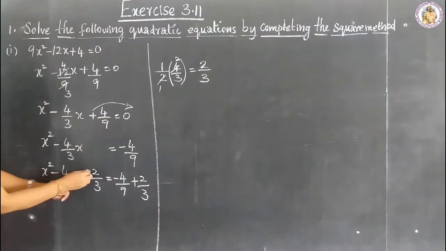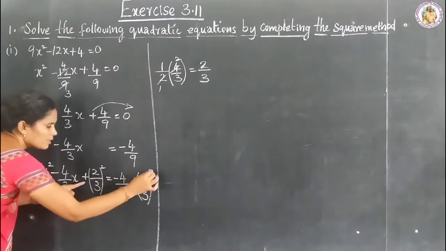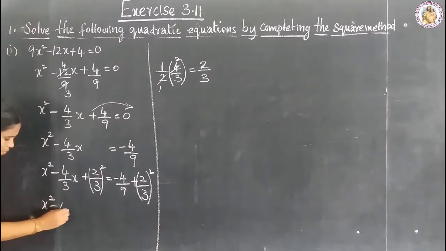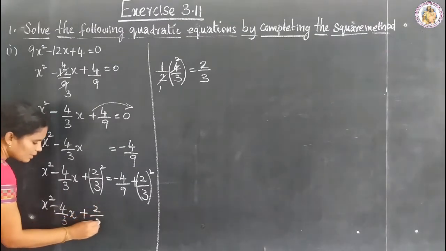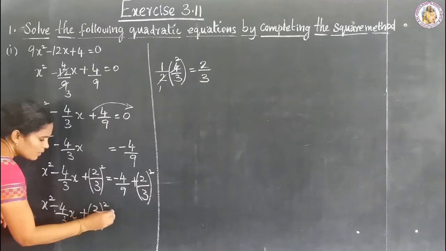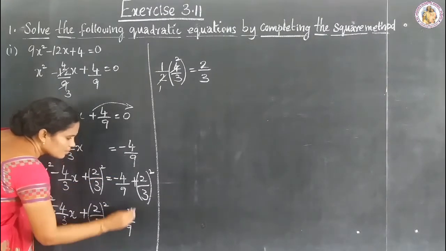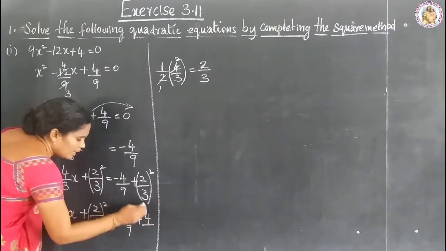Now squaring 2 by 3, keep the left hand side as it is. That is x square minus 4 by 3 x plus 2 by 3 whole square is equal to minus 4 by 9 plus 2 into 2 is 4, 3 into 3 is 9.